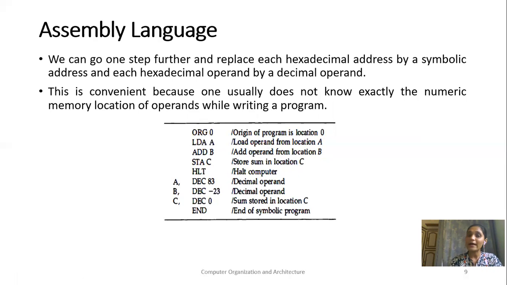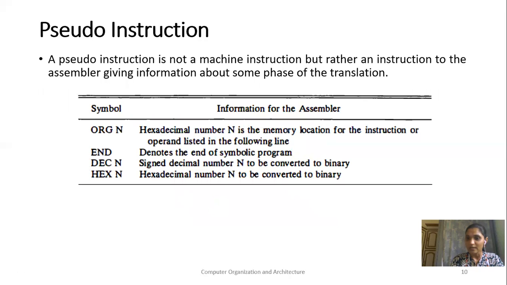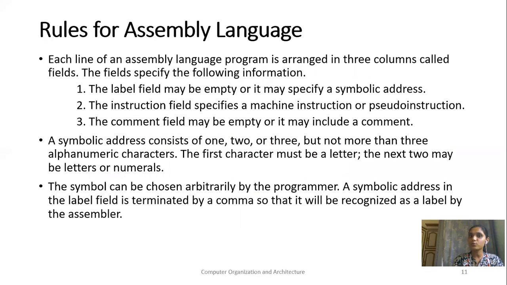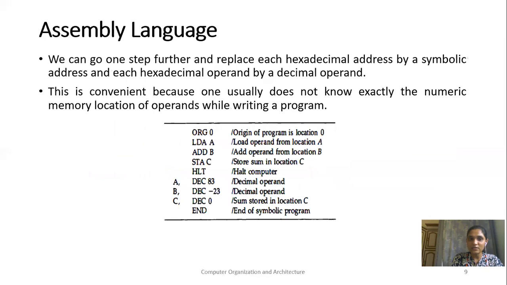As we are discussing, the assembly language has some rules. So let me see what the rules are for our assembly language. In our assembly language, each line of an assembly language program is arranged in 3 columns or 3 fields, known as the label field, instruction field and comment field.